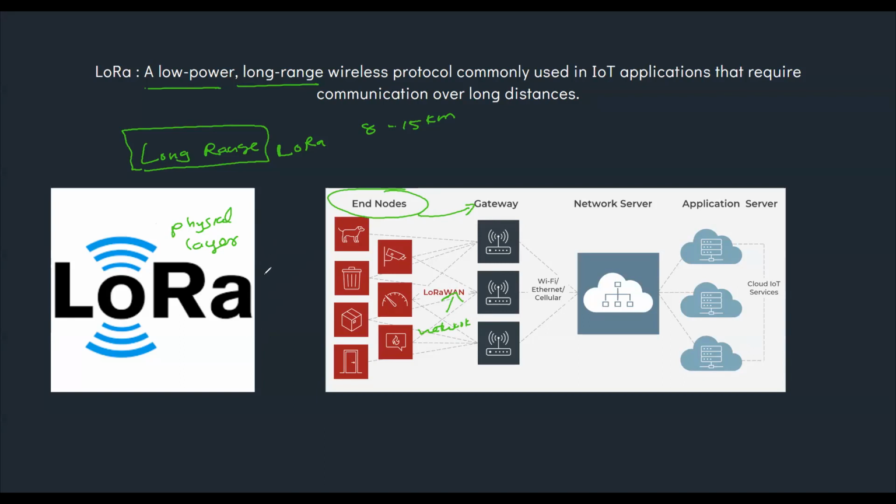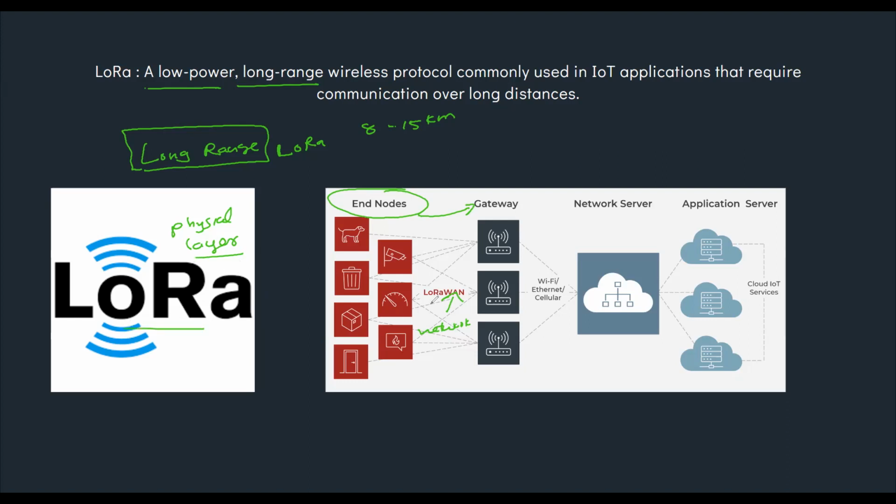What are the parameters that need to be followed, and what are the necessary frequencies it needs to follow when it is transmitting is defined at the physical layer. So the frequency range it needs to follow, and the duty cycle it needs to follow when it is transmitting its data, needs to be defined in the physical layer, right?